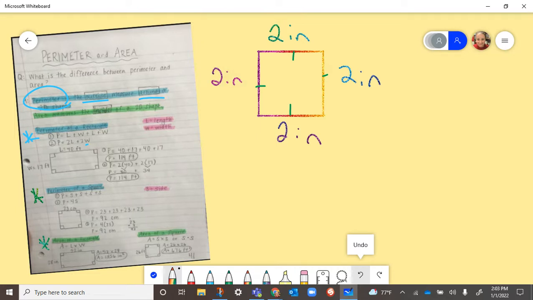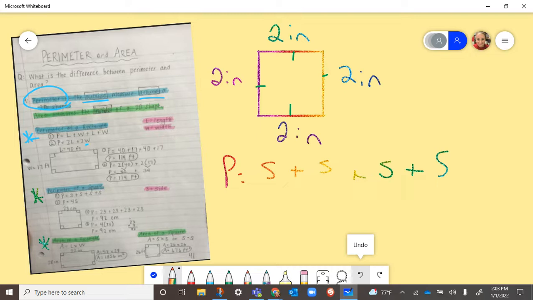So if we want to go all the way around, we're going to be doing side plus side plus side plus side. So one of the formulas you might see looks like this. We're going to take all 4 of those sides and just add them up. So in this case, it would be 2 plus 2 plus 2 plus 2.